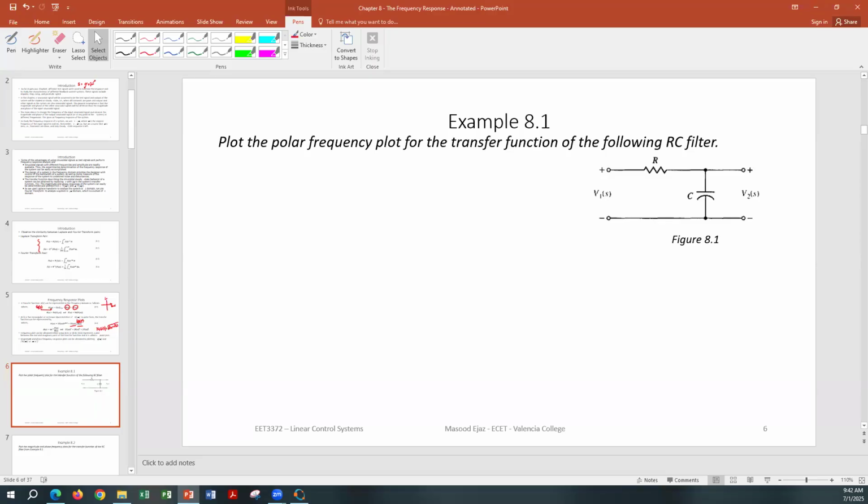Capacitor is an energy storage component. Resistor is not, so a resistor is not going to behave differently at different frequencies. It does at very high frequencies, at gigahertz, even high megahertz, because of the skin effect. Resistance of the resistor does change, but in general we assume theoretically that it's not changing. But the reactance of a capacitor, of course, does.